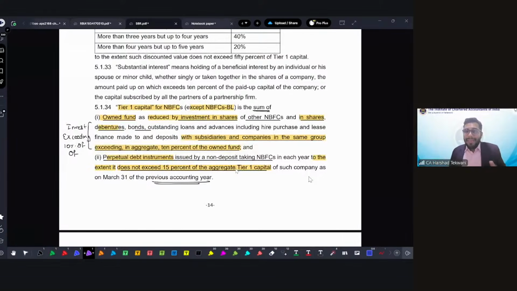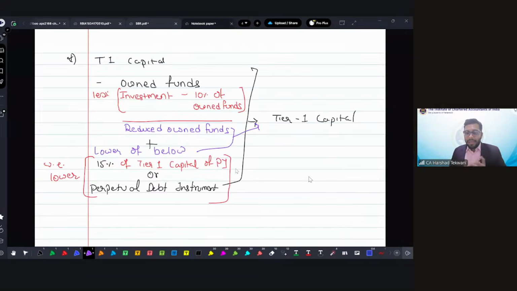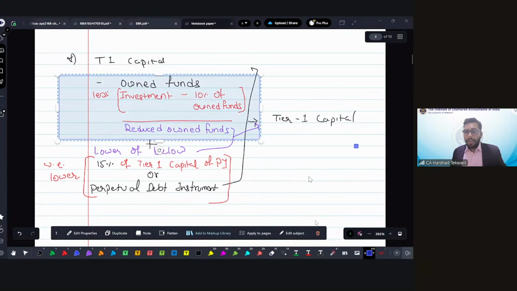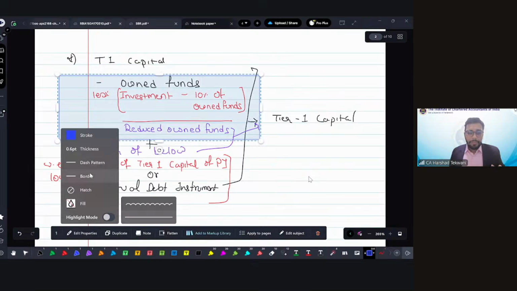So for the base layer, the formula ends over here. Tier 1 capital for the base layer is this one. That's it. They will not add the lower of perpetual debt instrument.